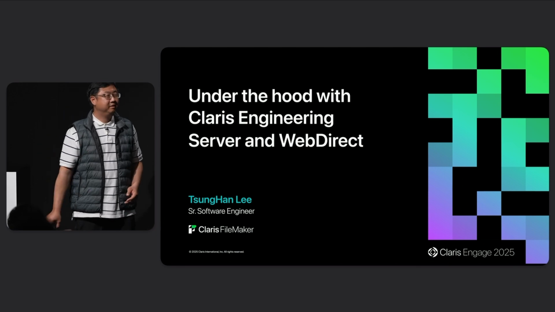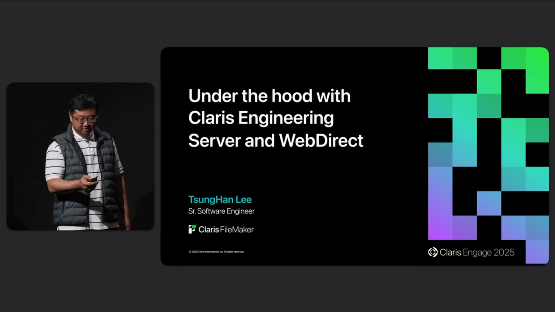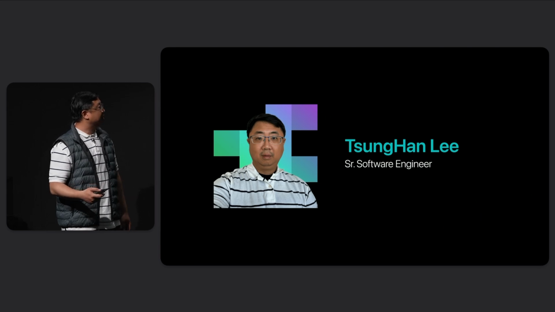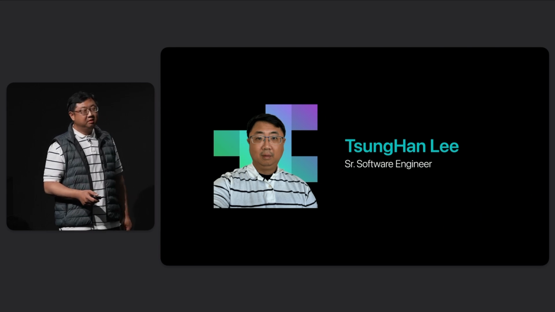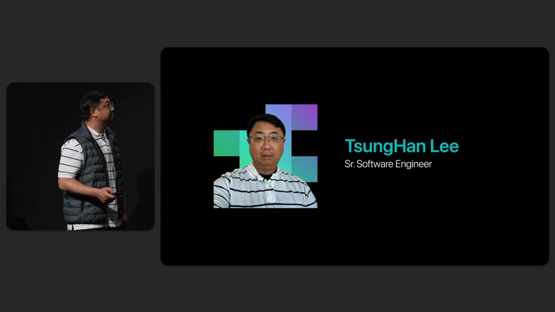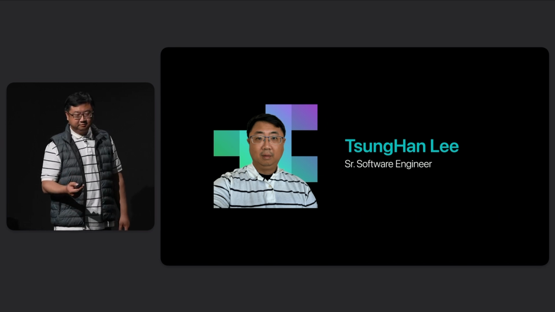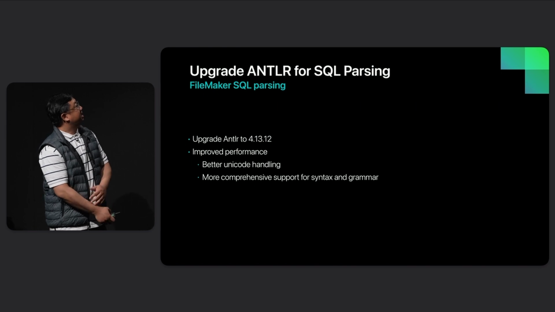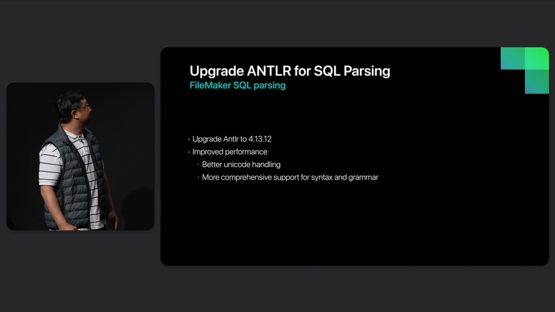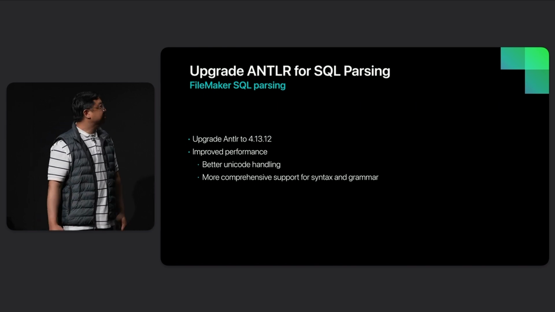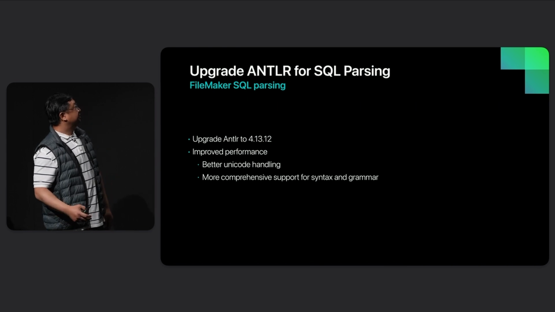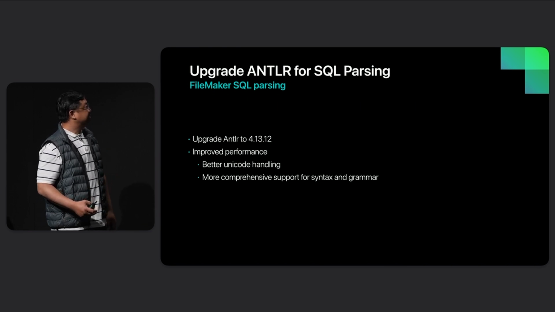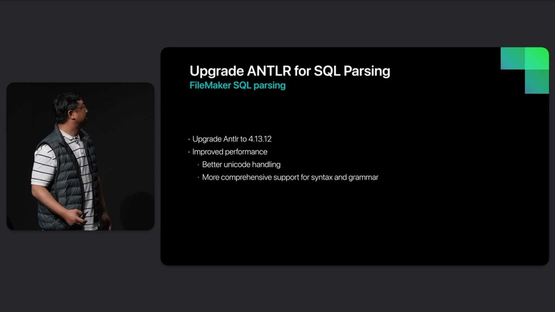Hello, everyone. My name is Zhenghan Li. Today, I'm going to showcase some major updates on server and WebDirect in the release 2025. The first update is the upgrade of Antlr library. So as Clay mentioned yesterday, FileMaker Server uses Antlr as a SQL statement parser.